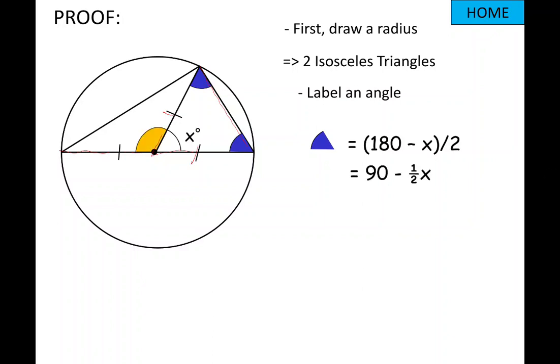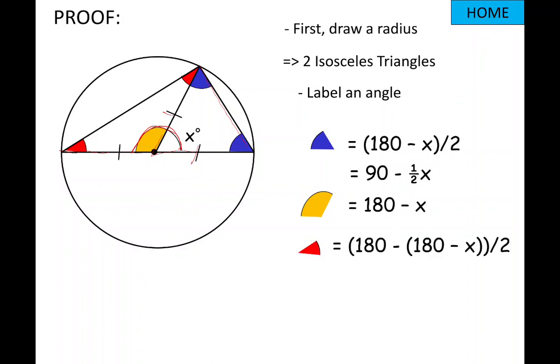So each one of them is 90 minus half x. And of course, this angle along with the x, both of them make an angle of 180 degrees, a straight angle. That's why it's equal to 180 minus x, which makes the other two angles (180 minus x) over 2, right?